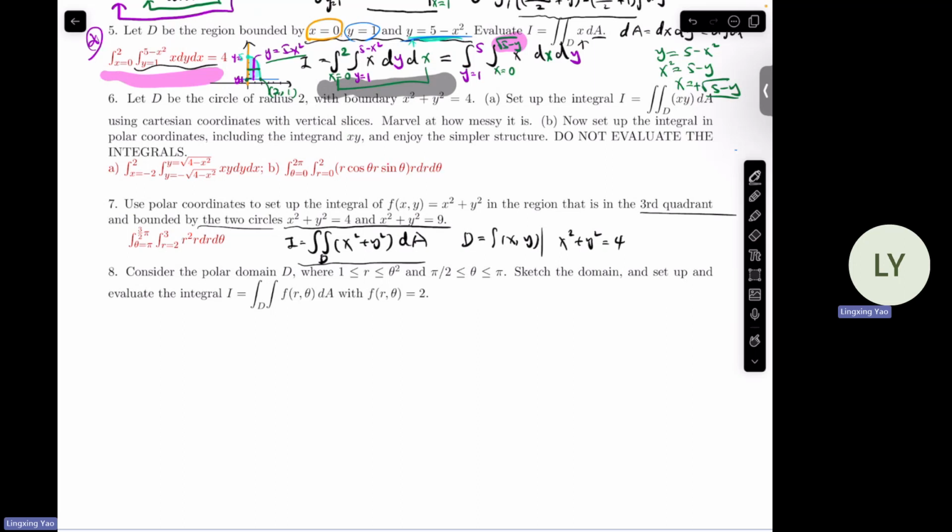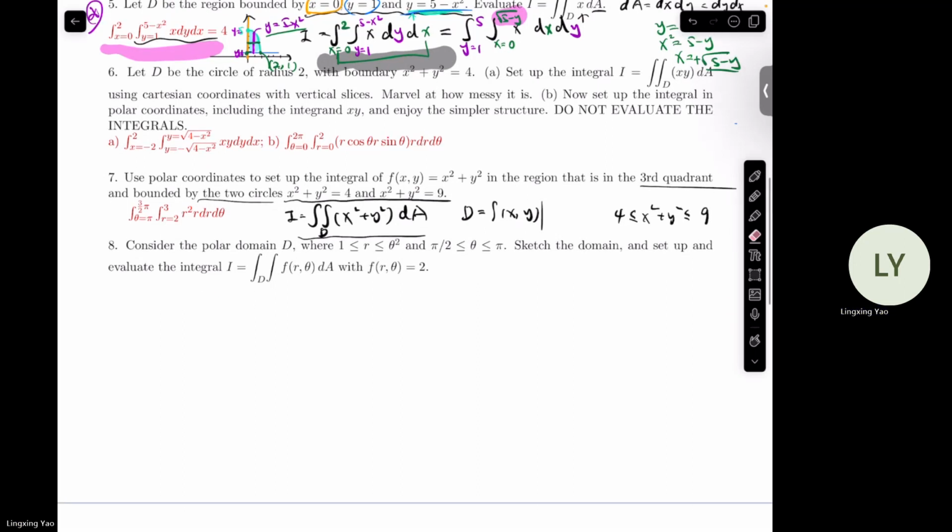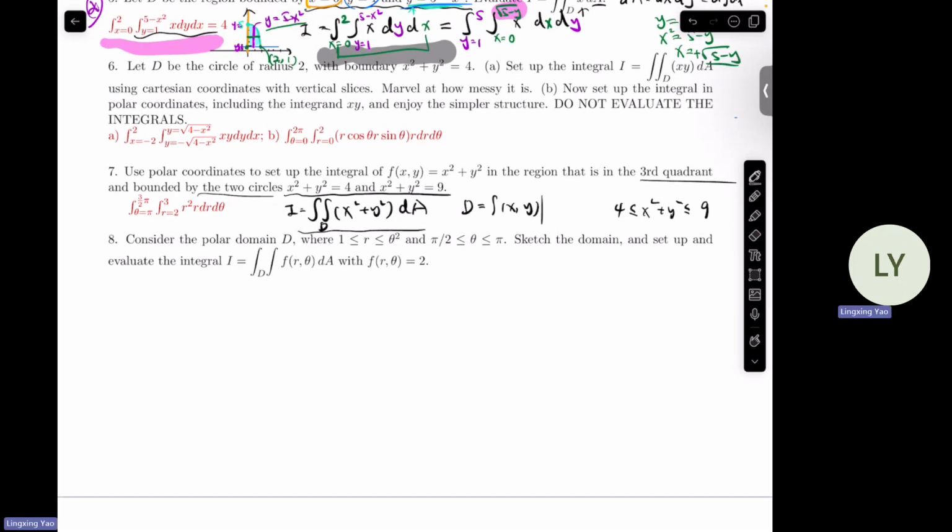And this is the upper limit. So we do have the first description. Maybe it's better for us to draw this diagram.